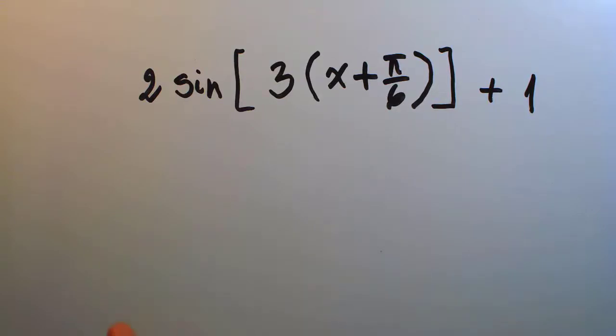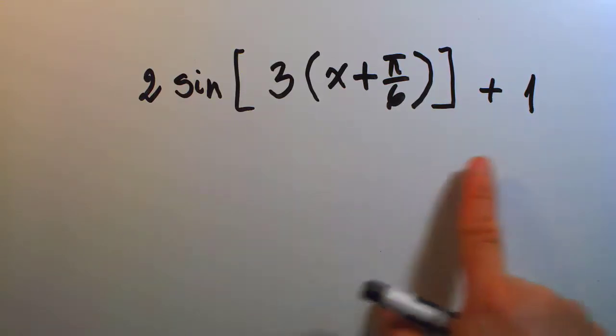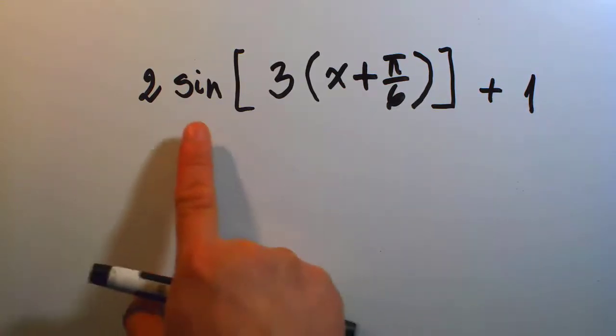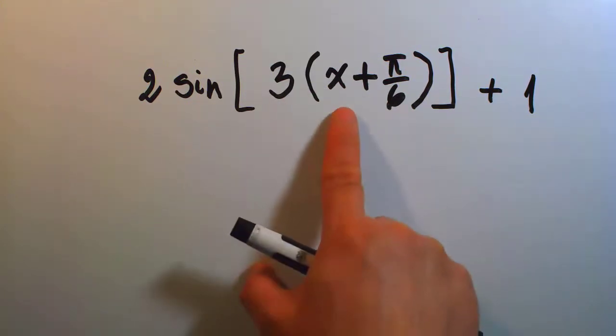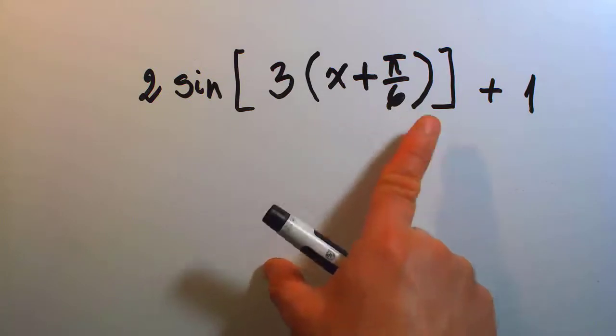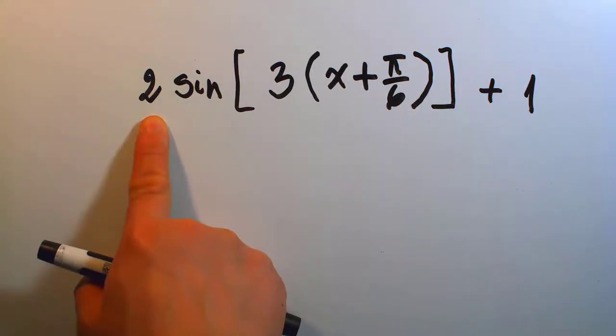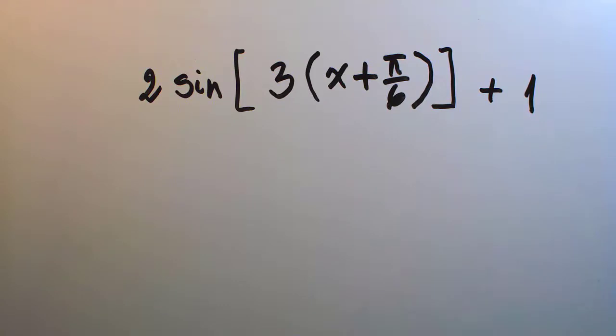So the final expression of our function is concluded to be a sine function of 3 in parentheses x plus pi over 6, with a coefficient 2 in front of the sine and a plus 1 after the sine function.